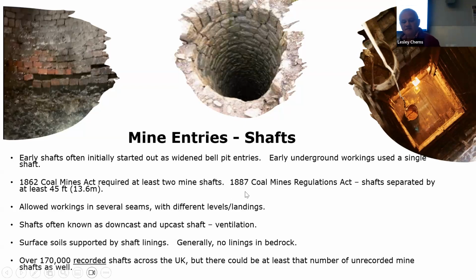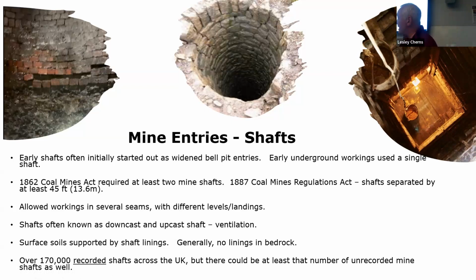Now, when you had 2 shafts, they're often known as downcast and upcast. That's nothing to do with getting in and out. That's all to do with ventilation. We talked about mine gas earlier. Again, I'll talk about it a bit later, but mine gas is quite hazardous. So you need to get it out of the workings, so you need good ventilation.